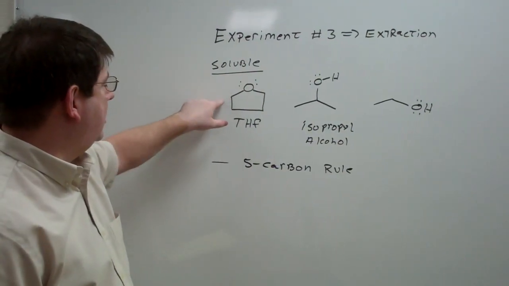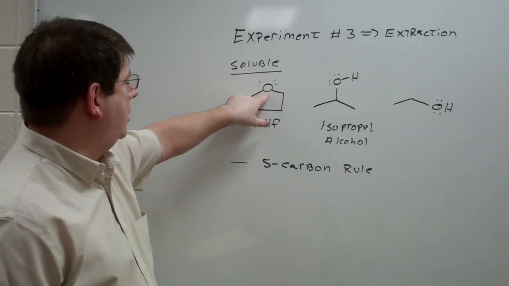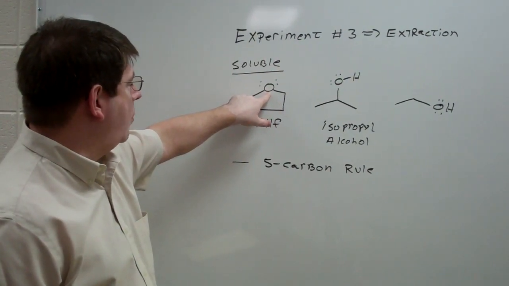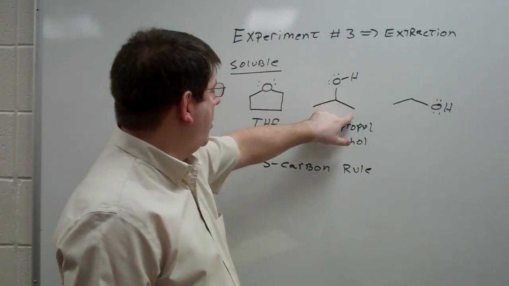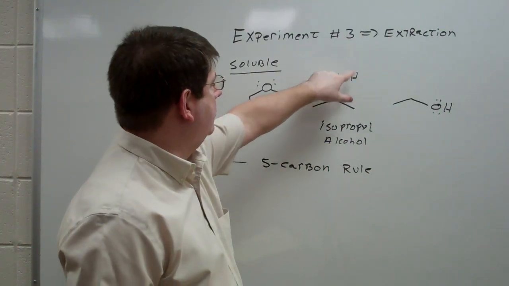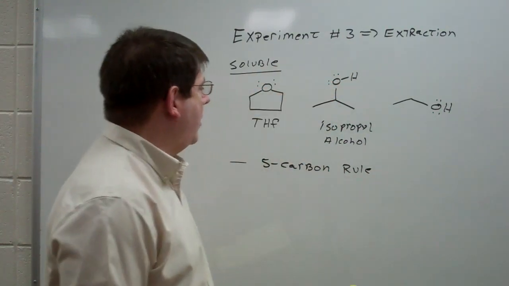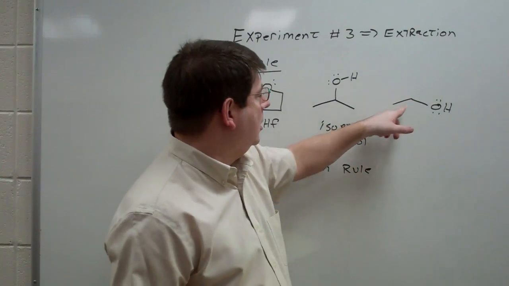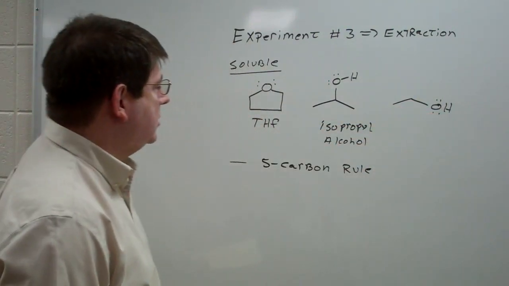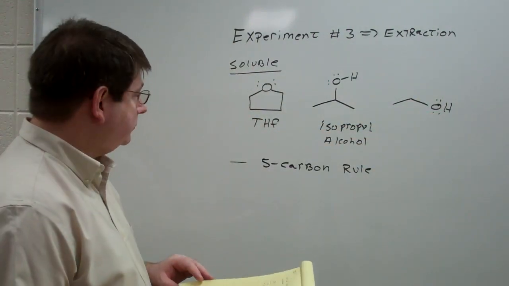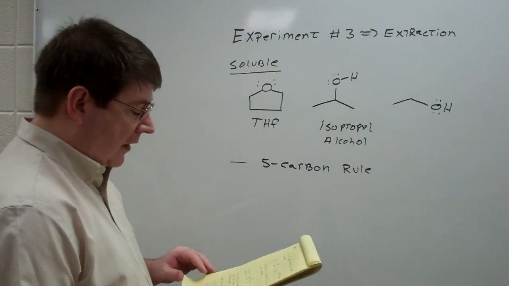As we can see here, THF has 4 carbons for this one atom that can form hydrogen bonds. Isopropyl alcohol, of course, has 3 carbon atoms for this one alcohol group, which can form hydrogen bonds. And ethanol has 2 carbons. So all of these molecules satisfy the 5-carbon rule.